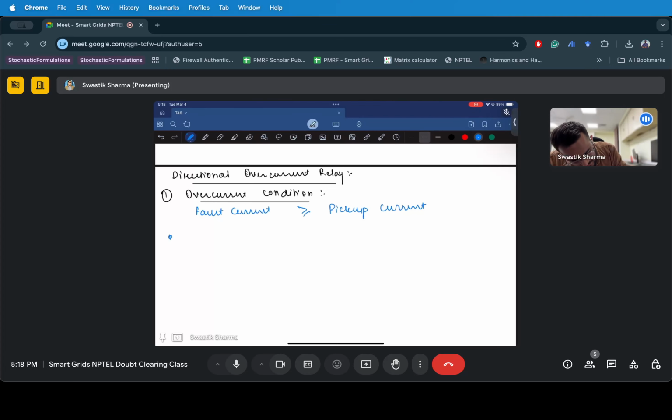The second one is the directional condition. We discussed last week why it's important.